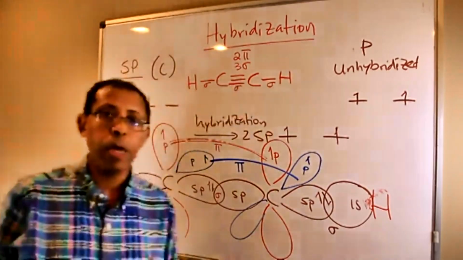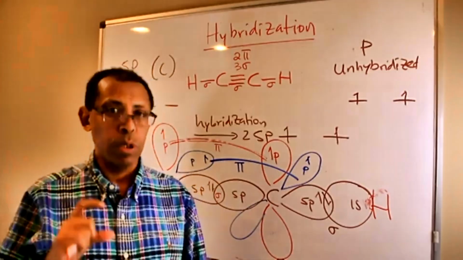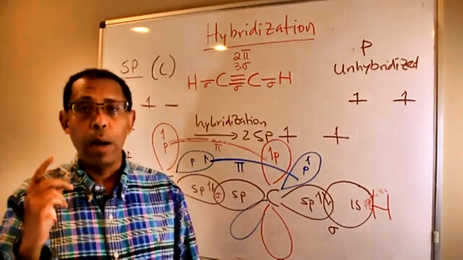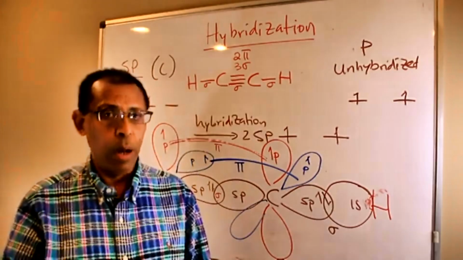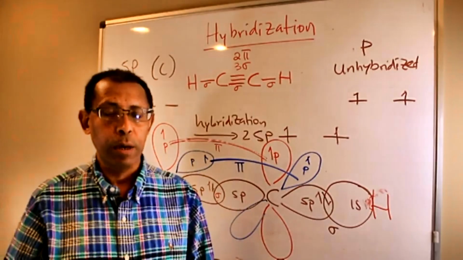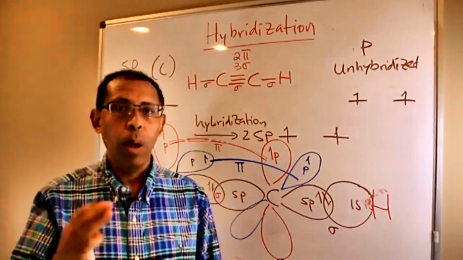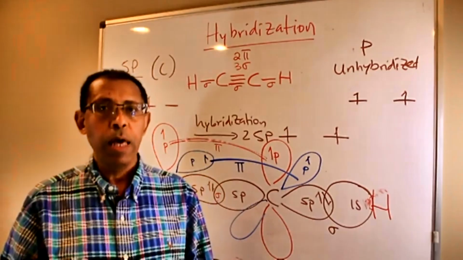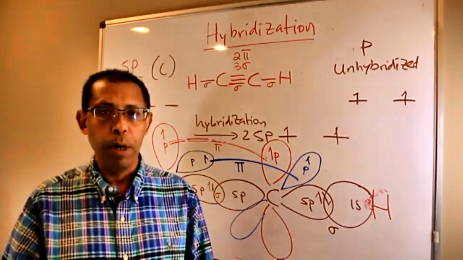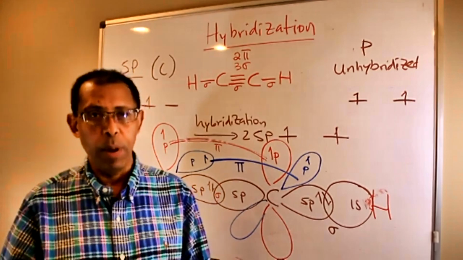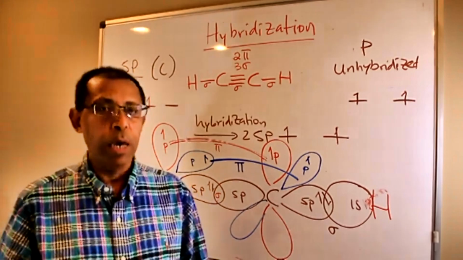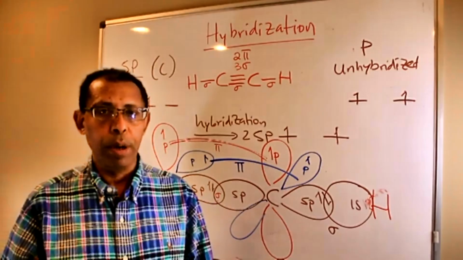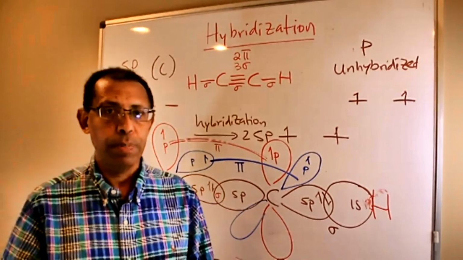So sp2 makes a pi bond, which gives a double bond. sp also makes 2 pi bonds and 1 sigma bond to make a triple bond. So sp3 always makes all sigma bonds. sp2 makes 1 pi bond and 1 sigma bond, that means a double bond. sp hybridized orbitals can make 2 pi bonds and 1 sigma bond, that is a triple bond.